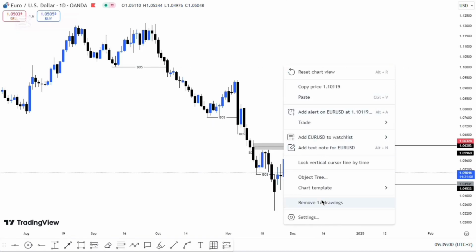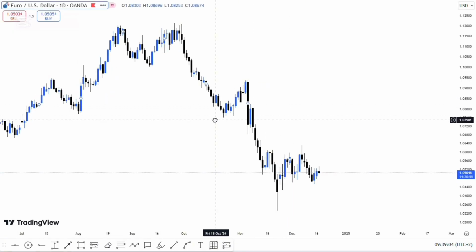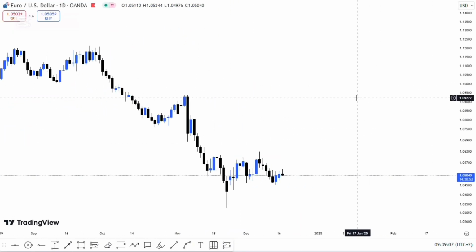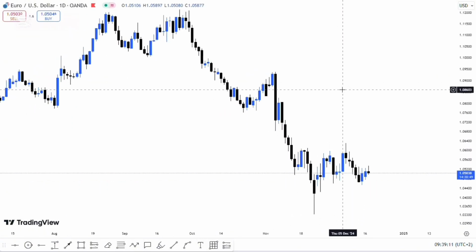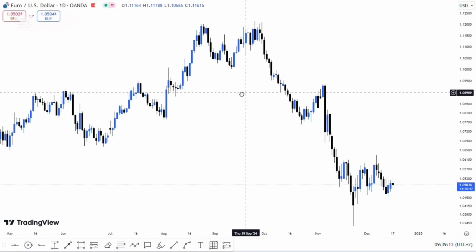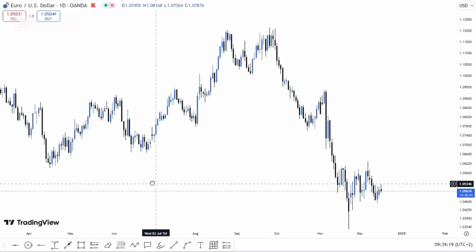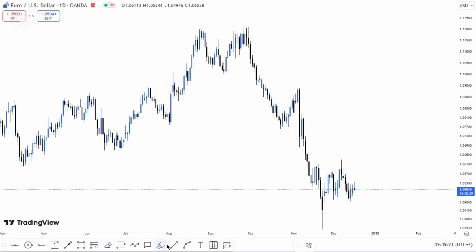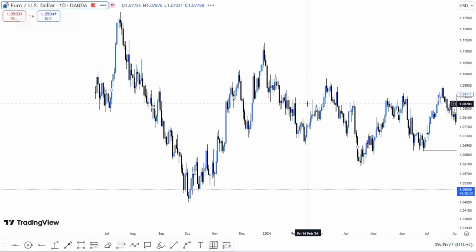From the daily time frame, the thing we need to do is to remove all drawings so that we can have a clear chart, so that we can start over and see what we can expect the markets to do. So as you can see, the market range we are focusing on at this point was the last break of structure we had right here.